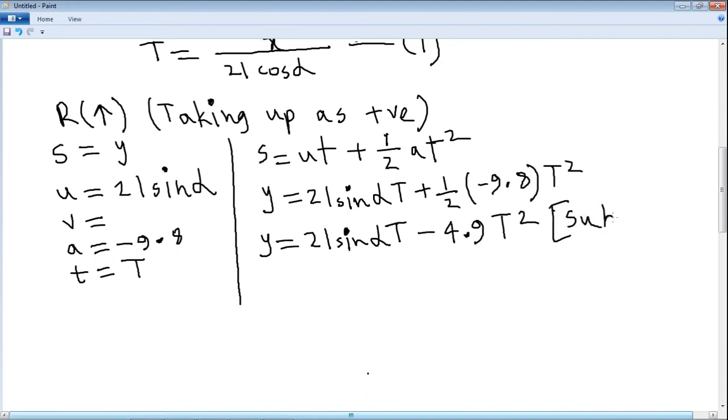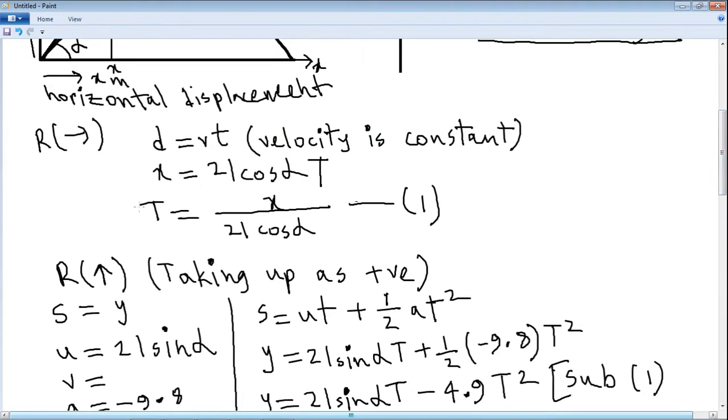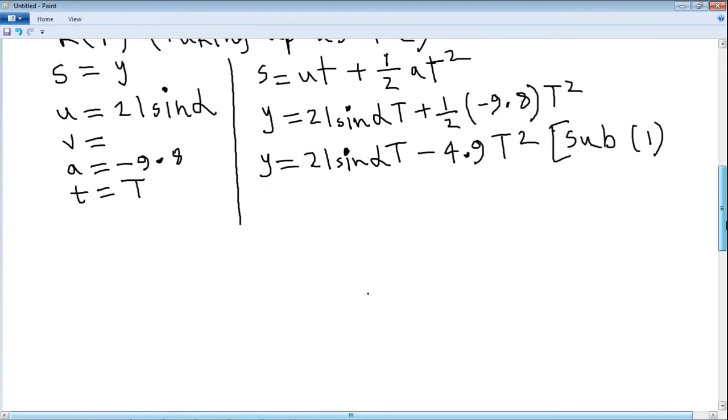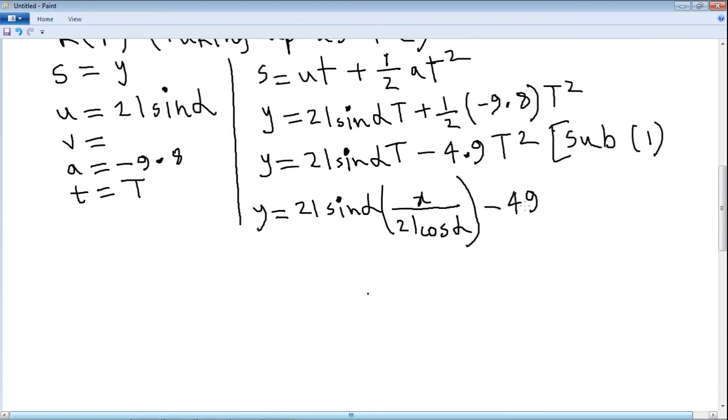Substituting the value of t that we have found earlier, in this equation, we will get it as 21 sine alpha, and we are substituting t, which is x by 21 cos alpha, minus 4.9 times x by 21 cos alpha whole square.